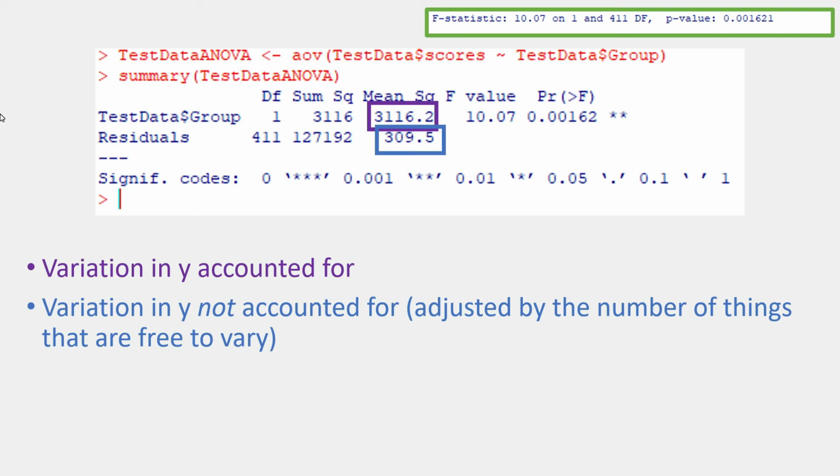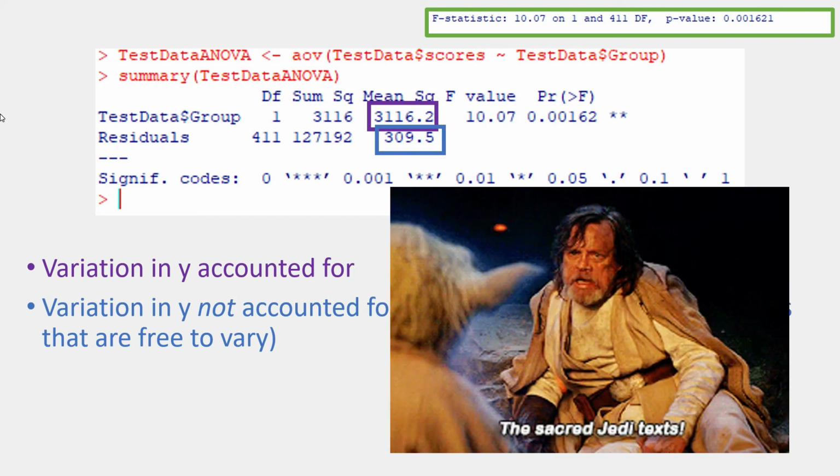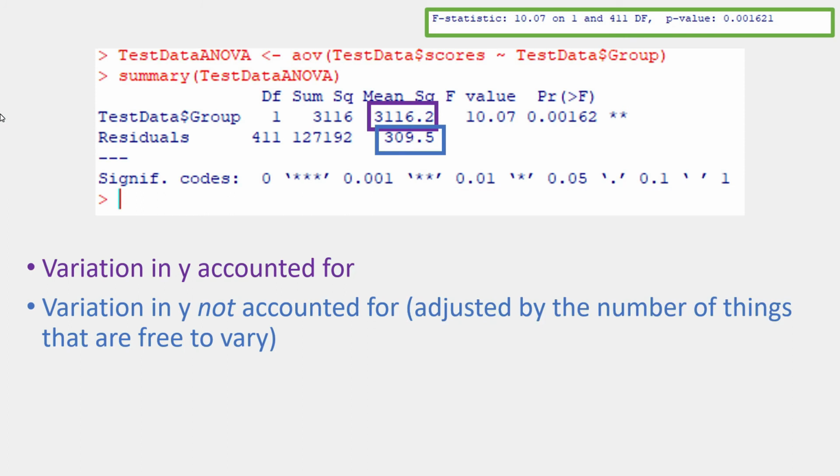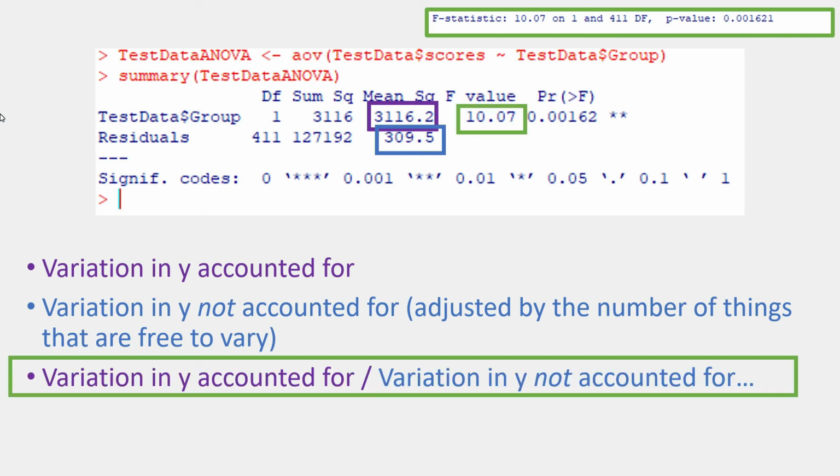It is the ratio of these two things, variance explained by the model, framed in purple, over variance left unexplained by the model, framed in blue, that comprise the F value, the Fisher value, which is what we use to consult these sacred tables, and is the explained variance divided by the unexplained variance. The amount of squared error removed from the grand mean model by including the independent variable divided by the amount of squared error that remains.